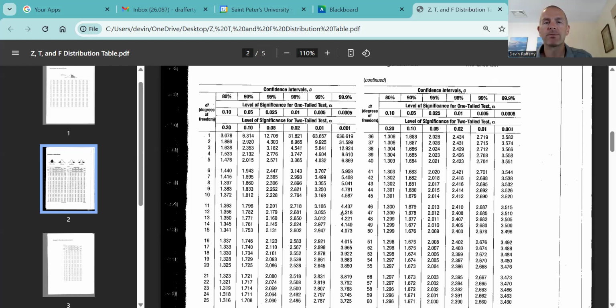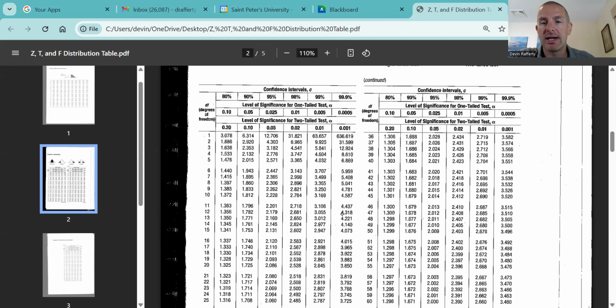All right. What about 45 degrees of freedom, two-tailed test, 0.01 level of significance? Well, if we have a two-tailed test, level of significance, two-tailed test, 0.01, 45 degrees of freedom, we find 2.69.